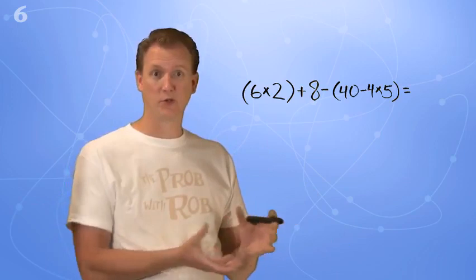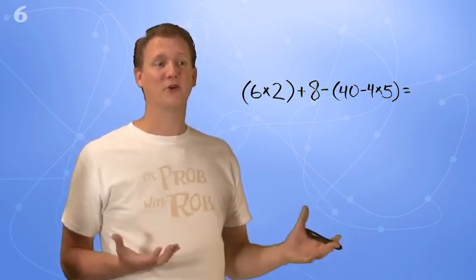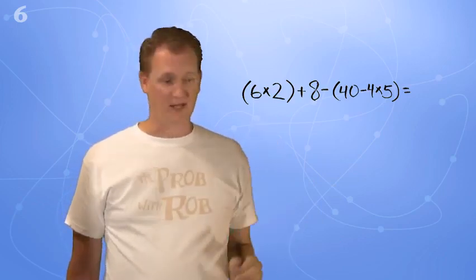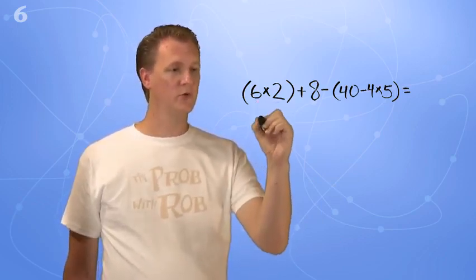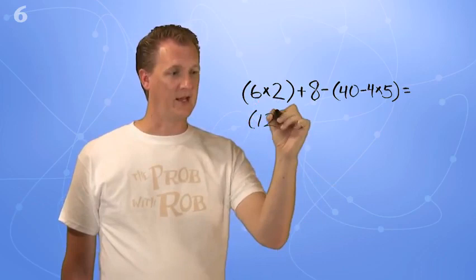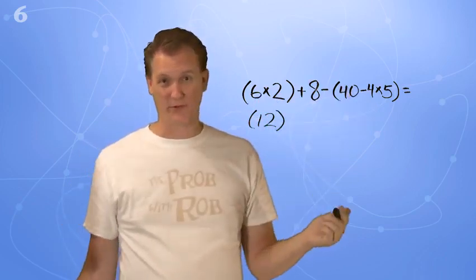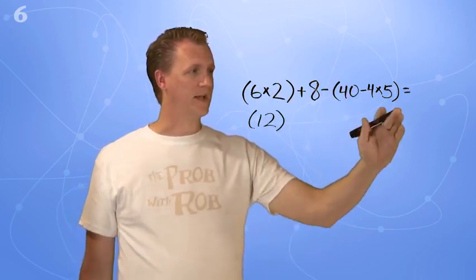But it doesn't say what to do if there's more than one set, and it turns out you can do them in any order you want. So I'm going to do this set first. 6 times 2 equals 12. And I'm going to keep it in parentheses this time just so I don't get lost since it's such a big problem. And I'm going to do this set now.